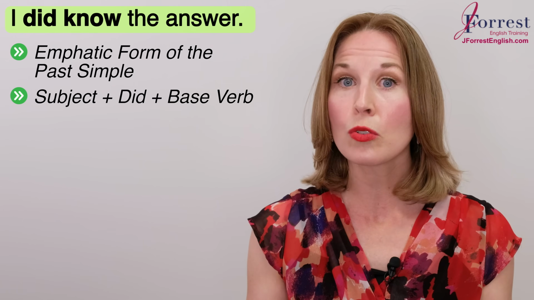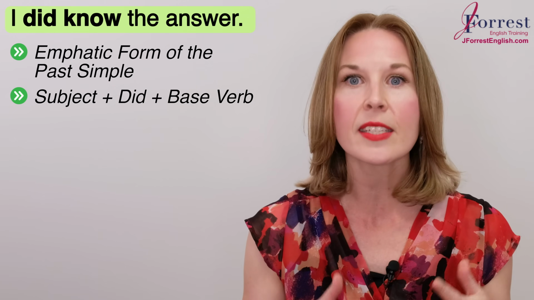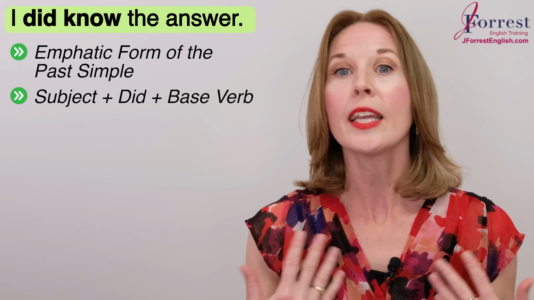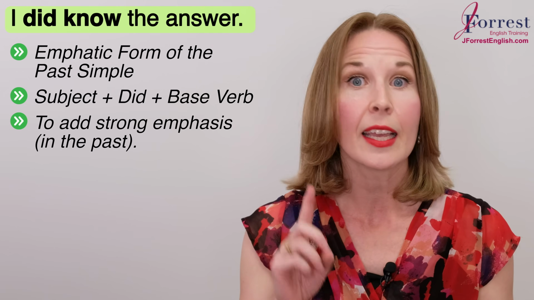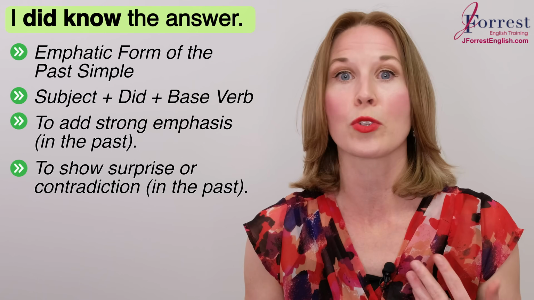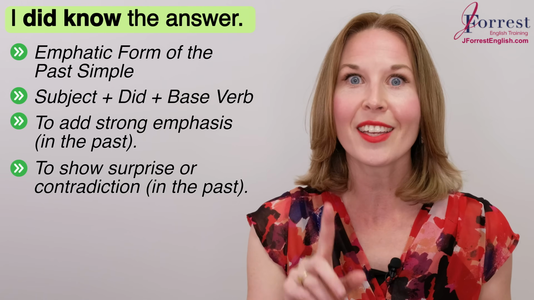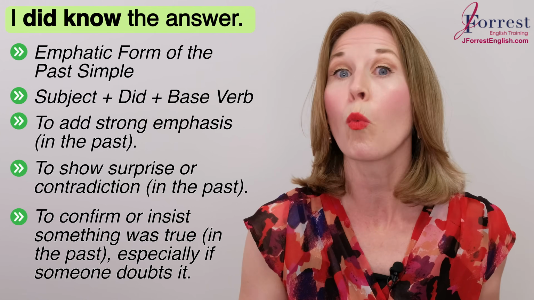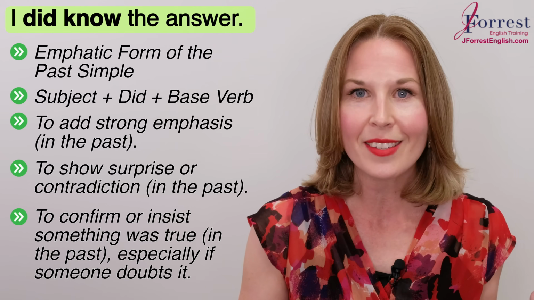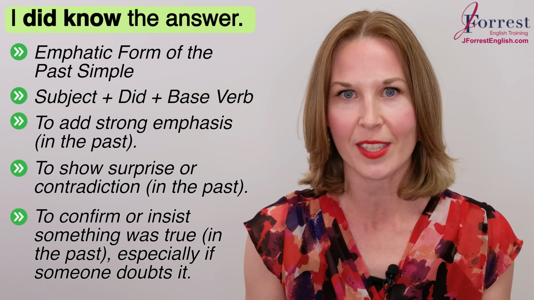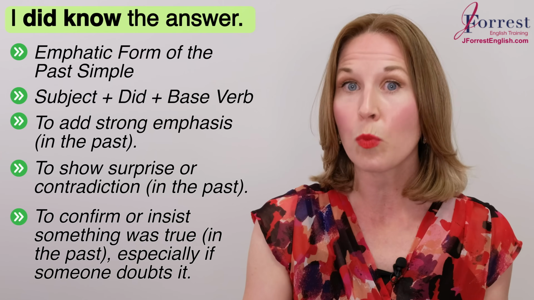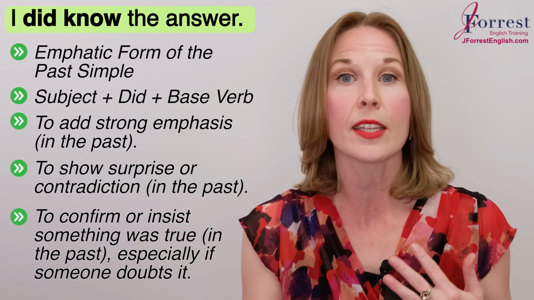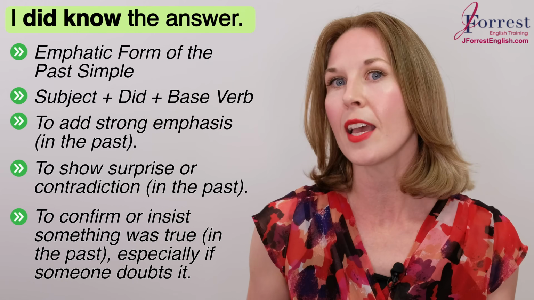And this is used for the same reasons as the present simple. It's used to add strong emphasis in the past, to show surprise or contradiction in the past, or to confirm or insist something was true in the past, especially if someone doubts it. So the exact same reasons, it's just the difference in structure between the present and the past.